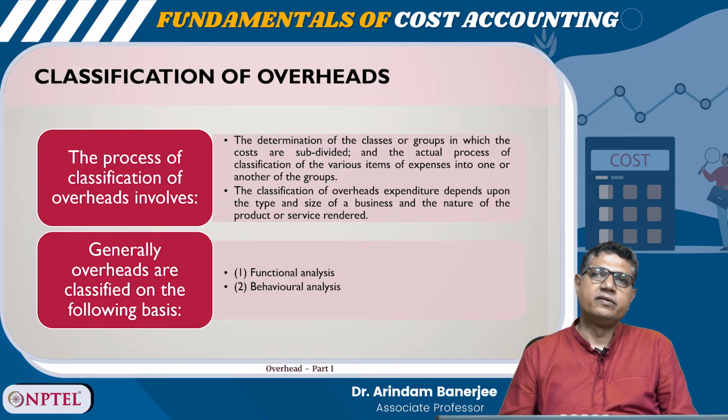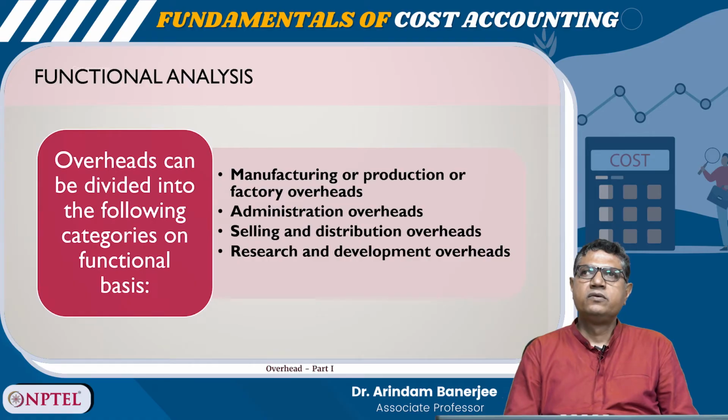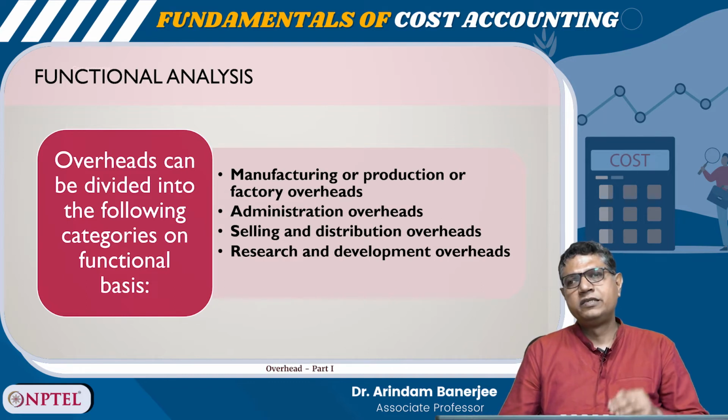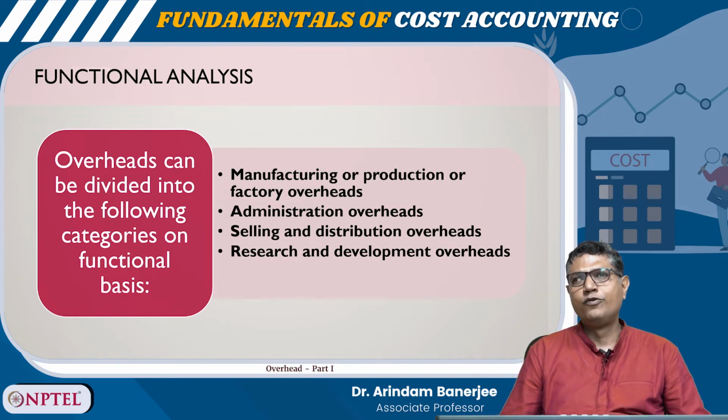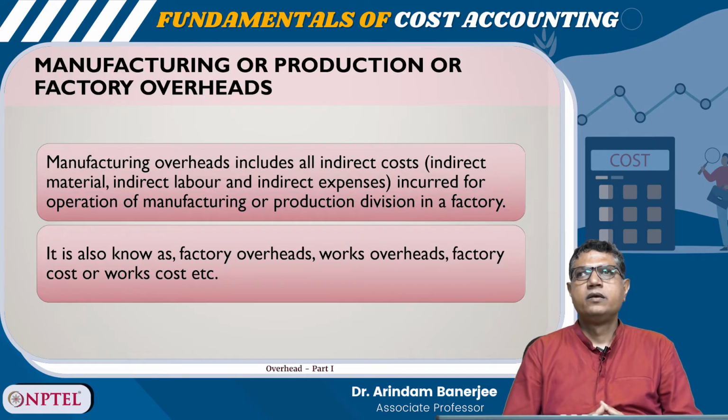So, that is required. Now, functional analysis: overheads can be divided into the following categories on a functional basis: manufacturing or production or factory overheads, administration overheads, selling and distribution overheads, research and development overheads. So, on the basis of function, we can divide the total overhead under these sections.